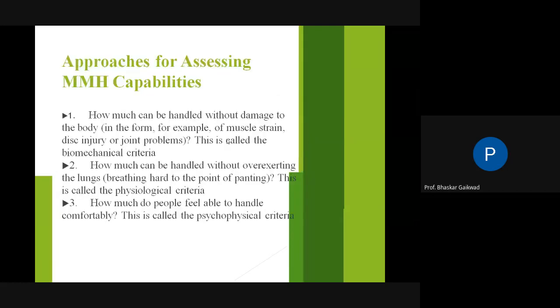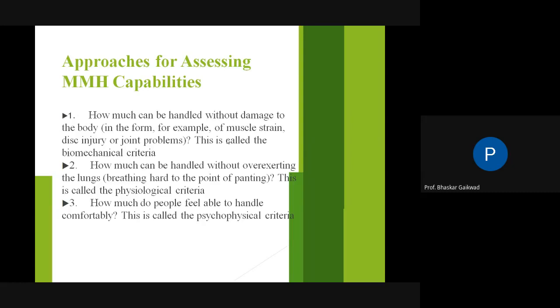Approach for assessing the material handling system by man. How much can be handled without damage to the body? This judgment we have to take in the form of, for example, muscle strain, injury, joint problem. This is called biomechanical criteria.